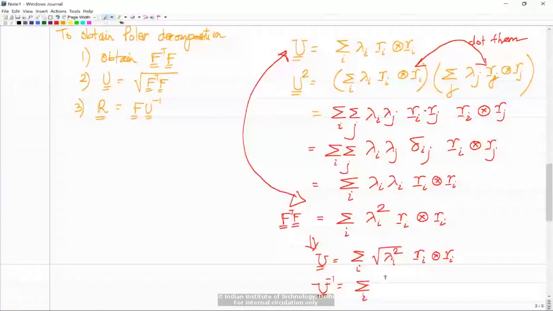The eigenvalues are simply inverted, 1 over lambda i, Ri tensor product Ri. Okay, so this is how you can get decomposition of U, U inverse, or U square, all of them.